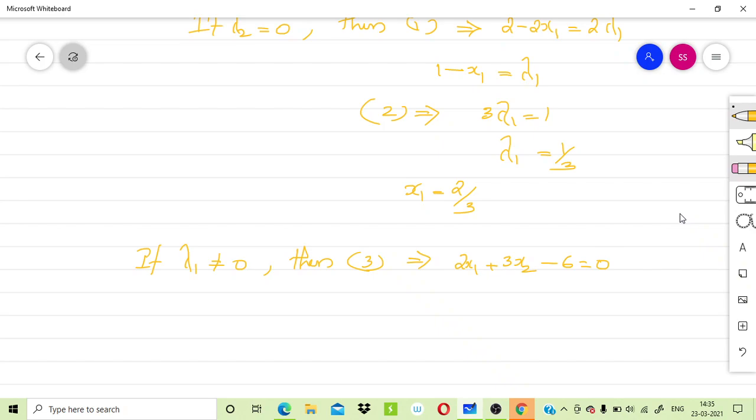If you substitute x1 equal to 2 by 3, then you will get the value of x2 equal to 14 by 9. So x1 and x2 we got like this.